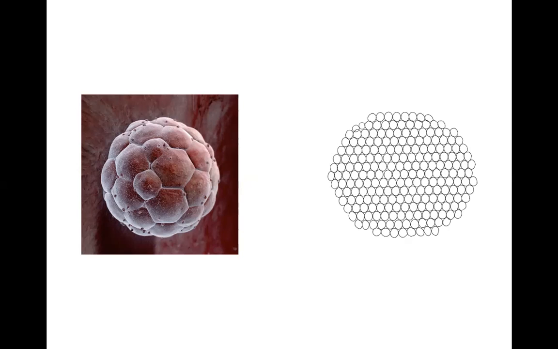Good. So how do we go from a bag of cells to something specialized? The first thing we need to do is break symmetry. This is a very, very important step in the initial points of pattern formation.